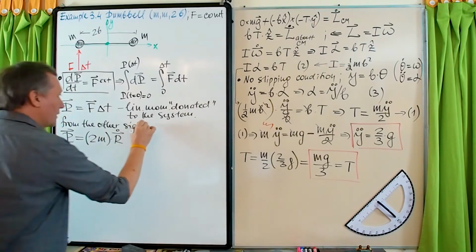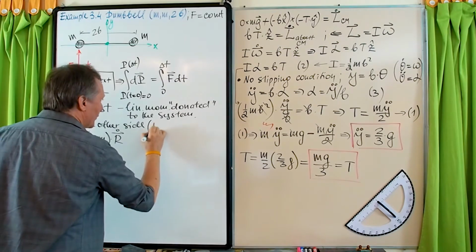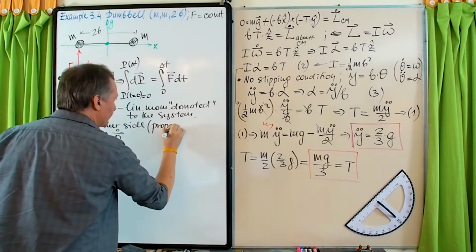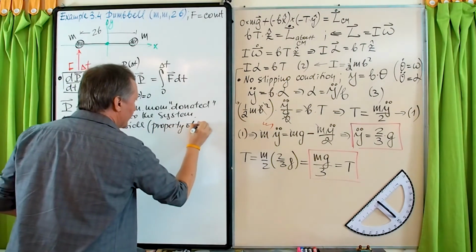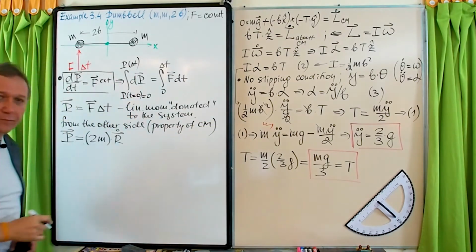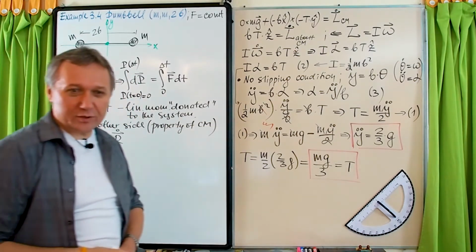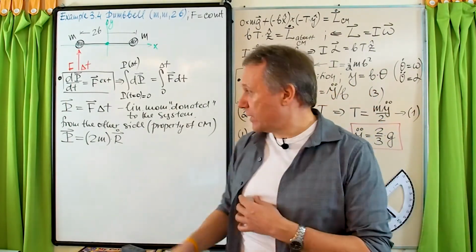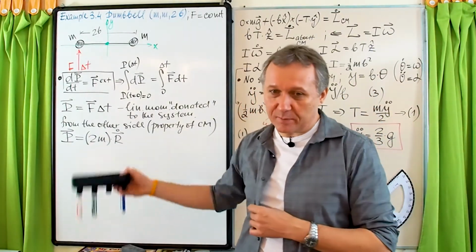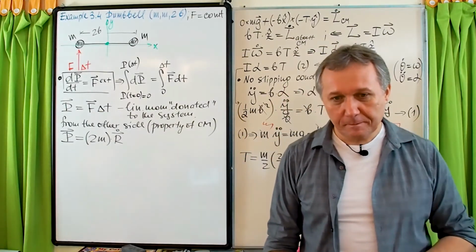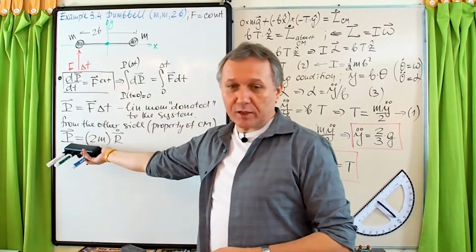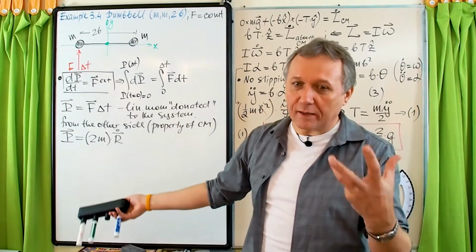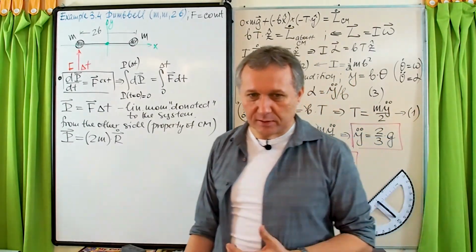Let me write: property of the center of mass. That first amazing feature which we introduced immediately after differentiating the definition of the center of mass, we ended up with this. It was capital M times r dot. So the total linear momentum can be found if you chase just one fake particle positioned at the center of mass.